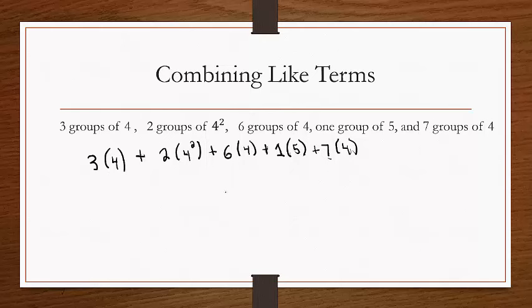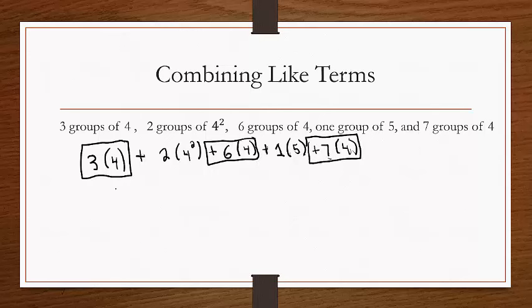But instead of doing that, I actually want to write down how many total groups of each number I have. So if I want to know how many groups of 4 do I have? Well, I have 3 groups of 4 over here, and I have 6 groups of 4 over here, and I have 7 groups of 4 over here.